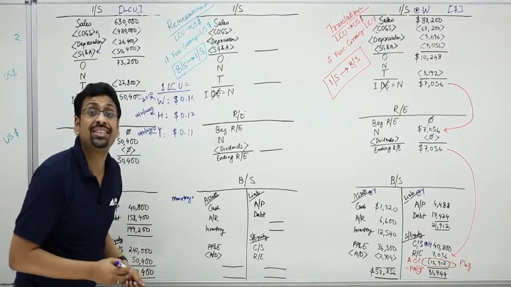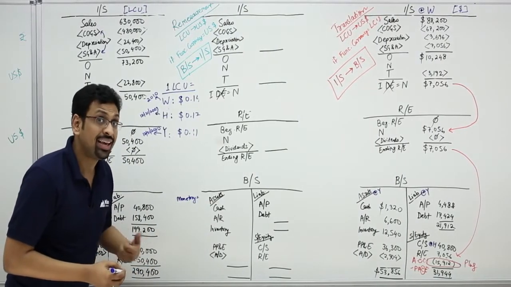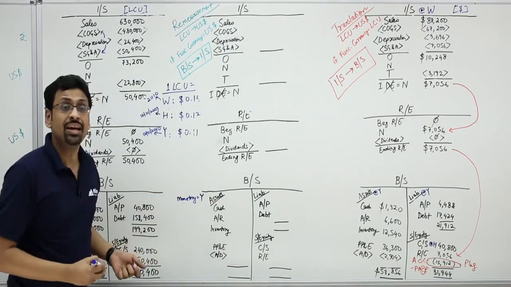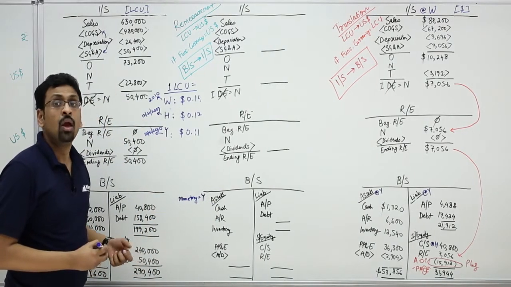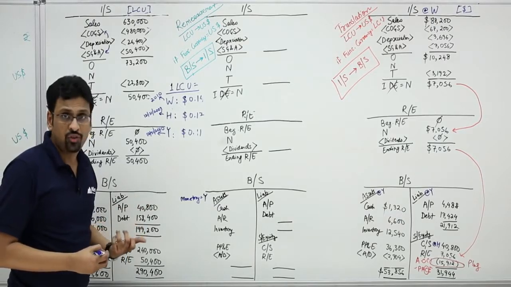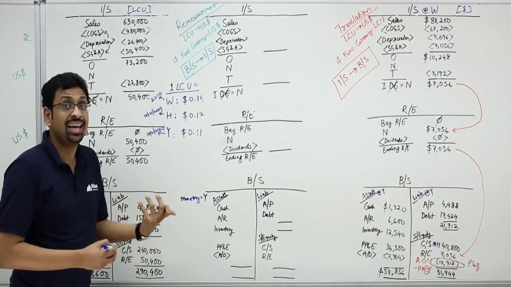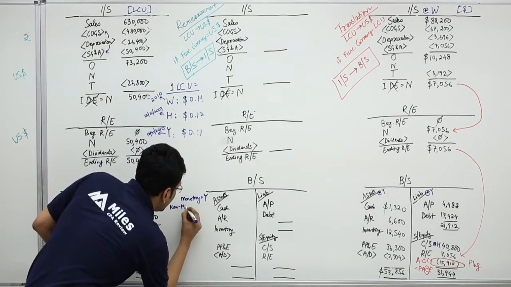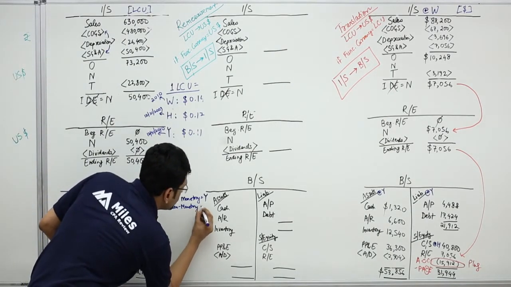Monetary means fixed dollars, like cash, debt, bonds payable, so that's the year-end exchange rate. But if it's non-monetary, not fixed dollars, like inventory and PP&E, you're going to use the historical rate.